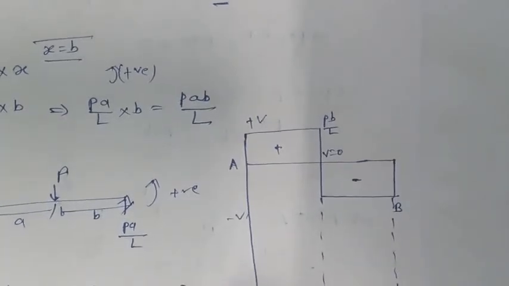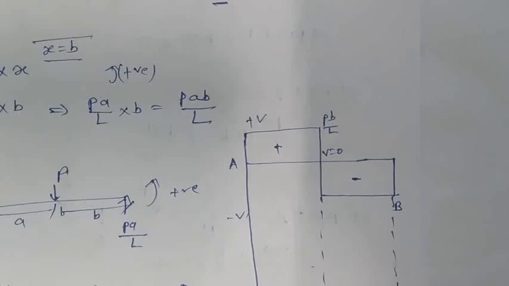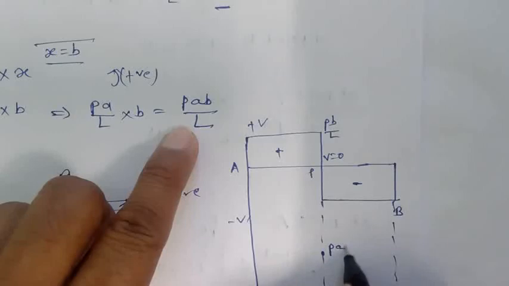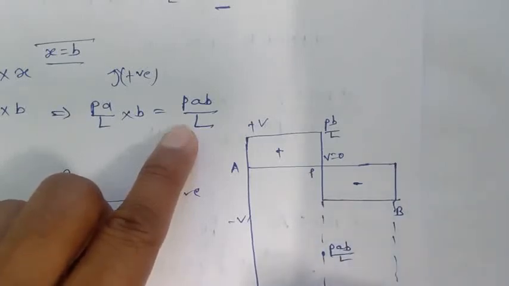At point A the bending moment was 0, at point B the bending moment was 0, and at point P the bending moment was PAB by L.